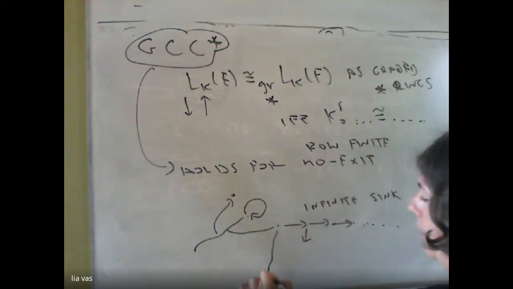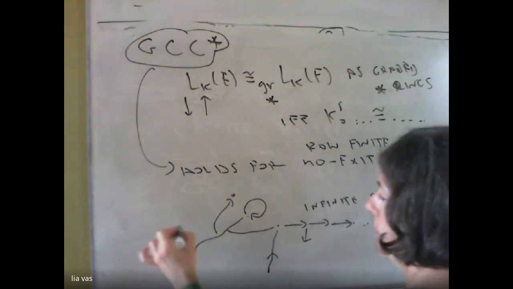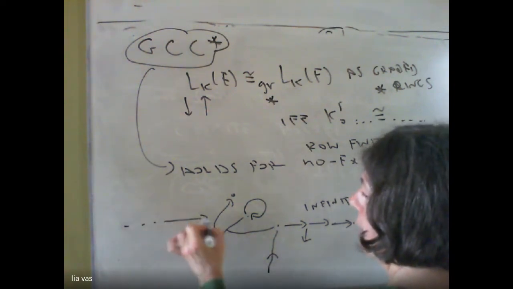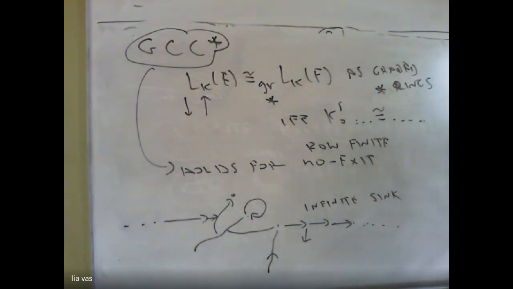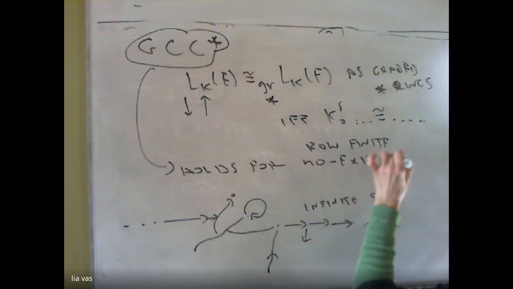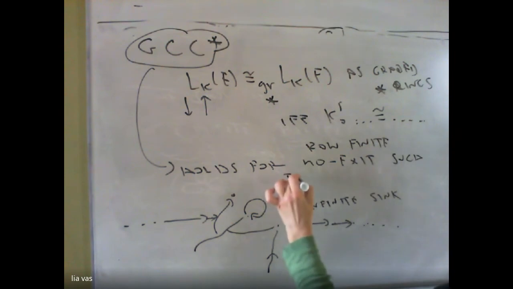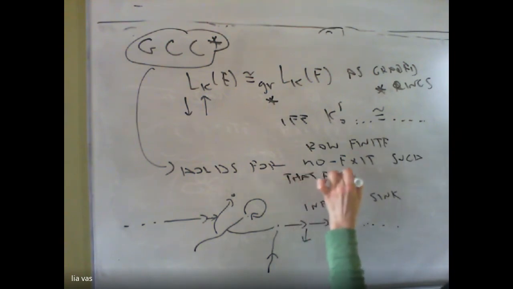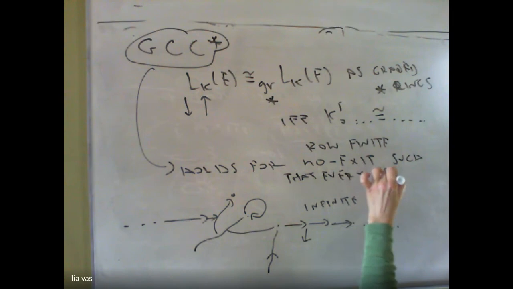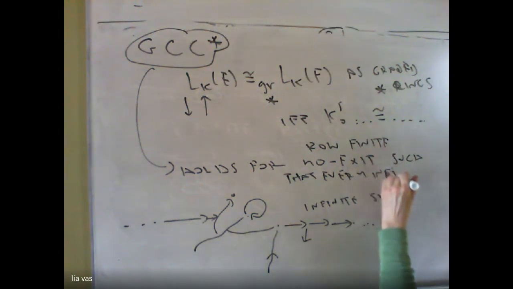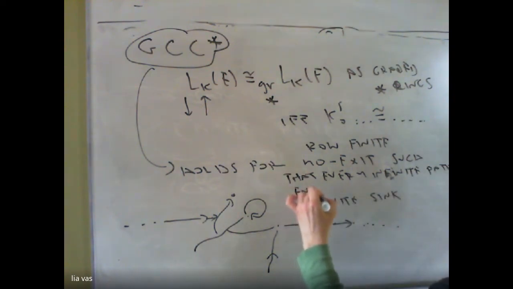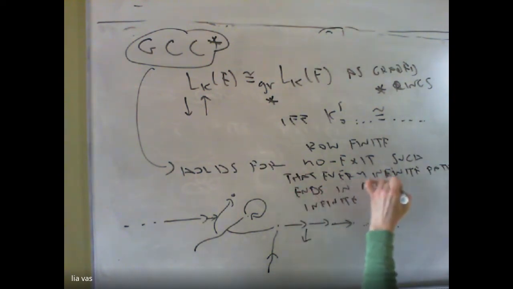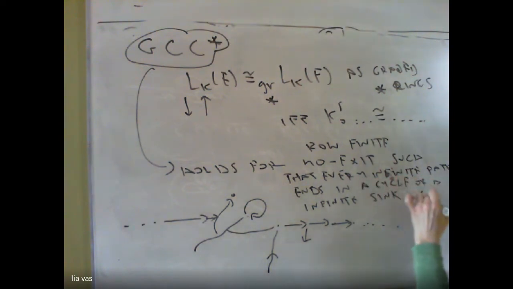That means that you can have infinitely many paths coming in. So you can have something like this, right? I mean, you can have infinitely many vertices as well. So row finite, no exit, such that every infinite path ends in a cycle or a sink.